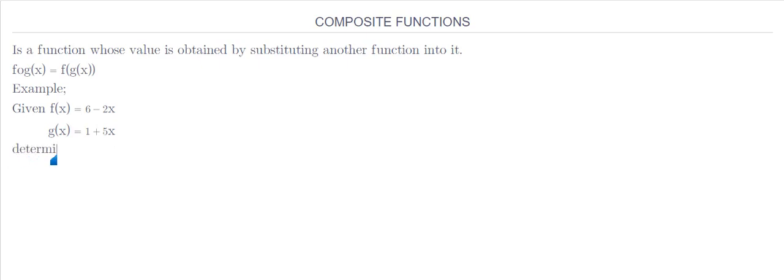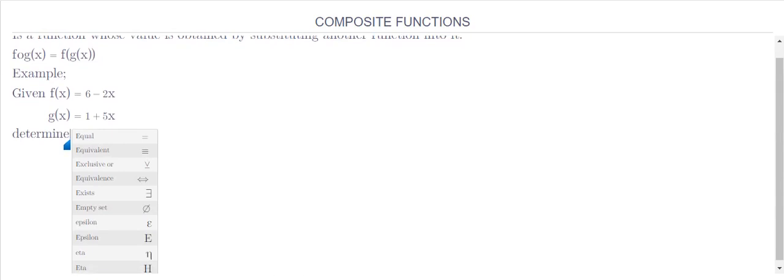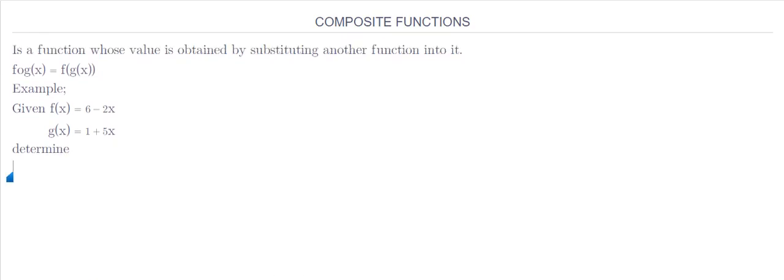Determine: the first part, f of g of x. The second part, g of f of x.